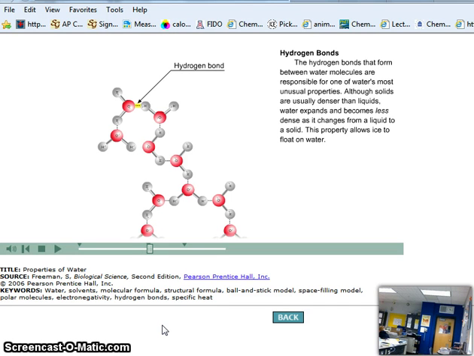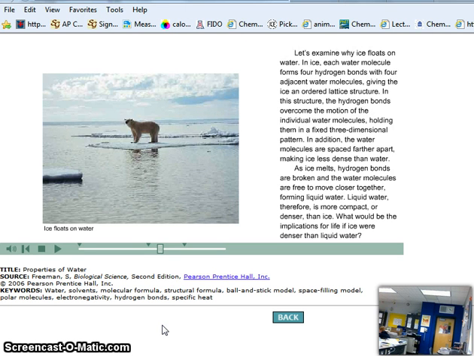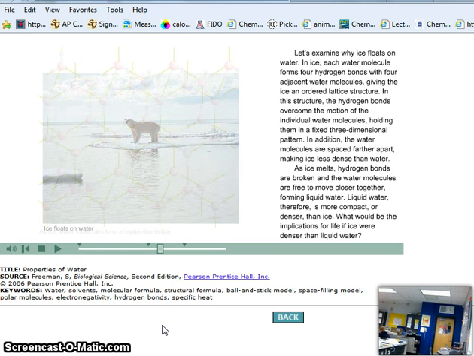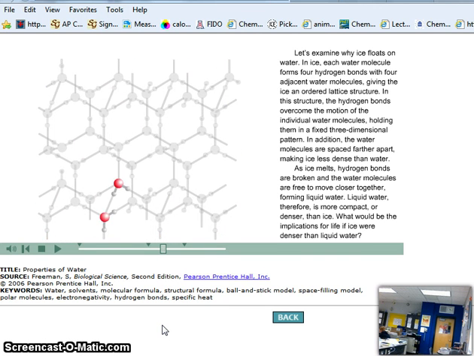The hydrogen bonds that form between water molecules are responsible for one of water's most unusual properties. Although solids are usually denser than liquids, water expands and becomes less dense as it changes from a liquid to a solid. This property allows ice to float on water. Let's examine why ice floats on water. In ice, each water molecule forms 4 hydrogen bonds with 4 adjacent water molecules, giving the ice an ordered lattice structure.